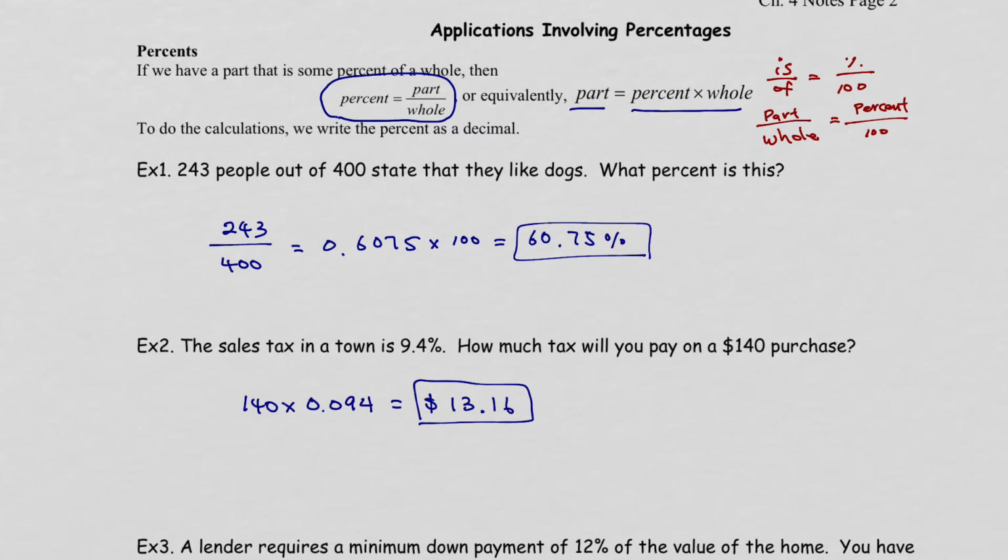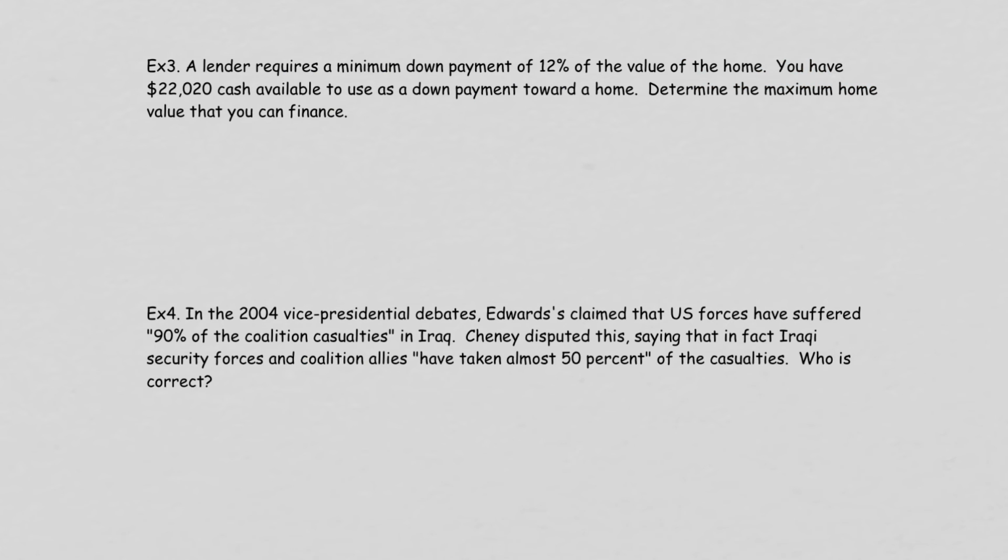So then if we're looking at example 3, it says a lender requires a minimum down payment of 12% of the value of the home. You have $22,020 cash available to use as the down payment toward a home.